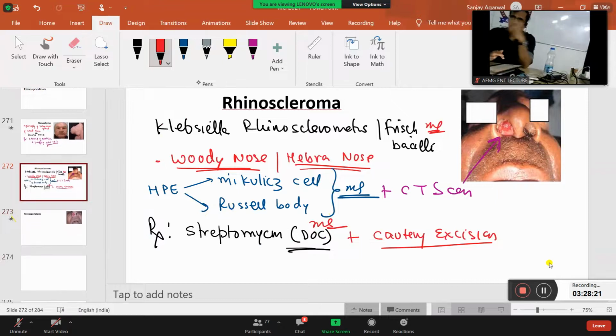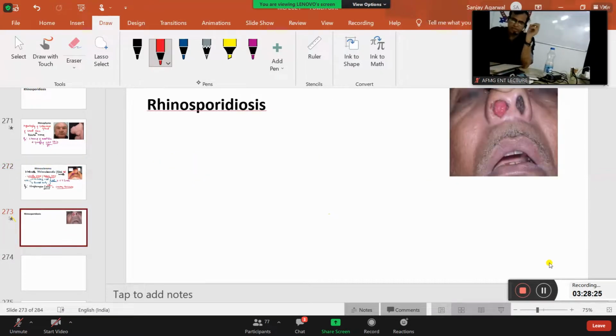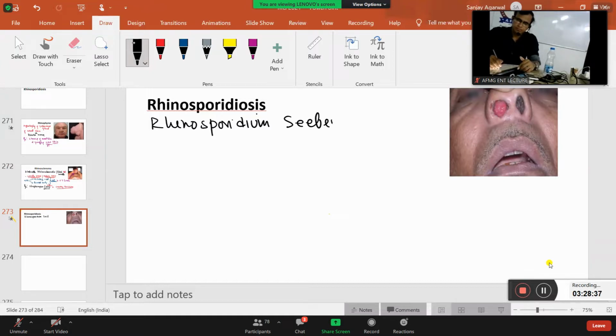And the fourth disease in the series is rhinosporidiosis. And this is caused by Rhinosporidium seeberi. Again MCQ, the pathogen Rhinosporidium seeberi.